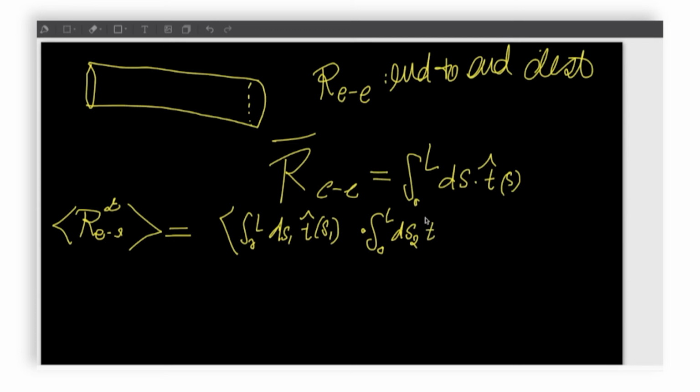And this becomes relevant when our structure is not a straight rod, because then this simply holds true and there's nothing more to it, but when there is a random walk polymer.